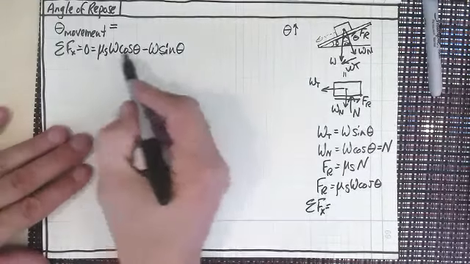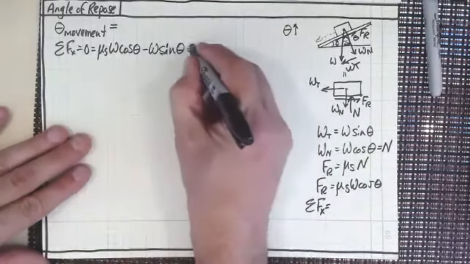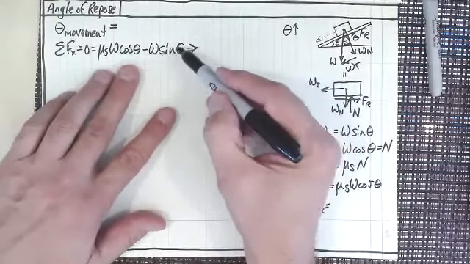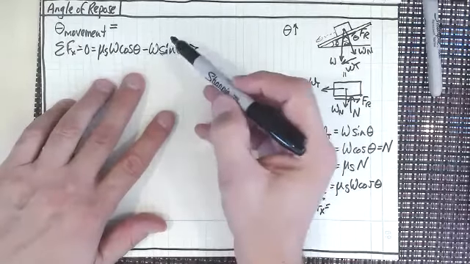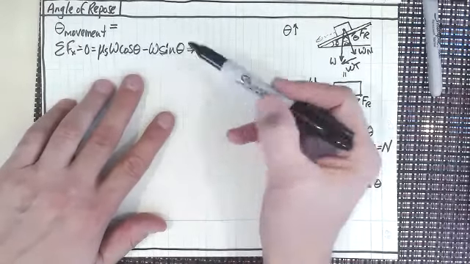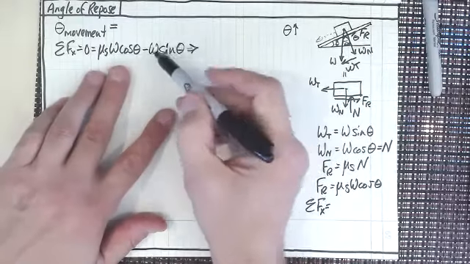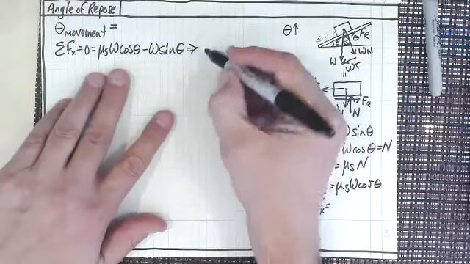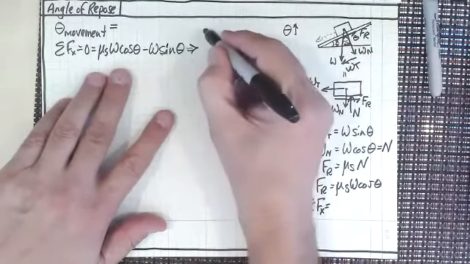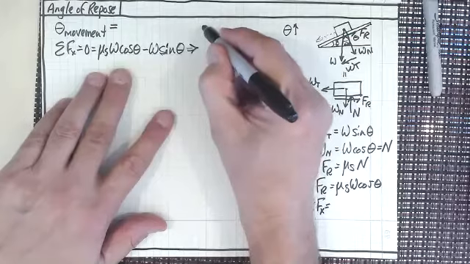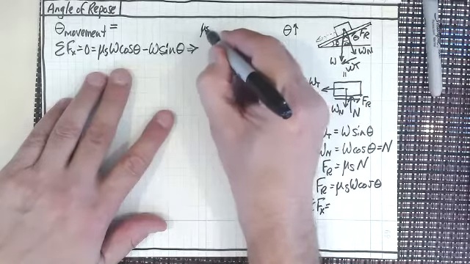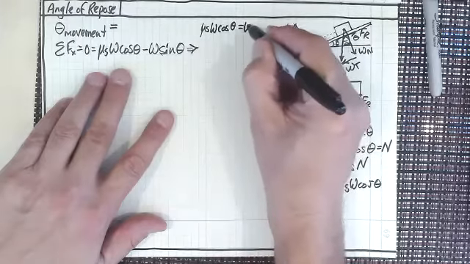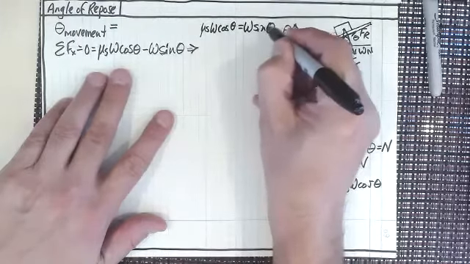All right, so if we have this equation here, then of course what that implies is that I can throw this one over on the other side, and W is going to come out of that anyway, but let's actually do it in a couple of steps. I don't want to lose anybody. So I've got mu sub s times W cosine theta equals W times the sine of theta.